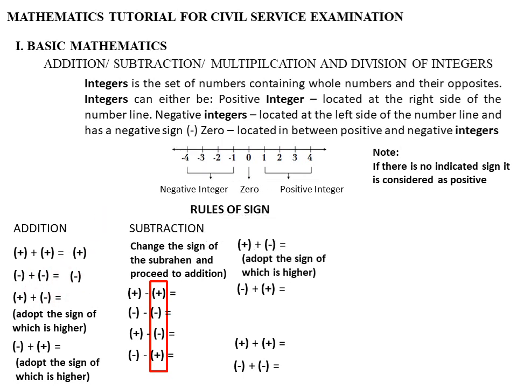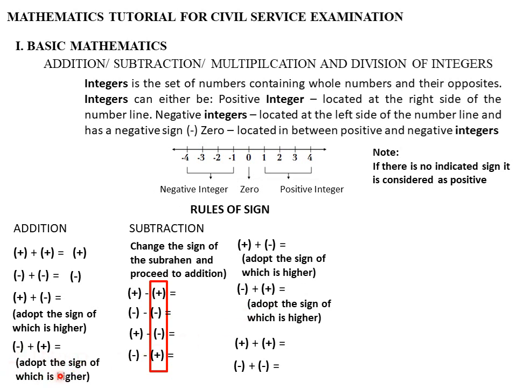Okay, so next, positive plus negative depends on the higher. You need to adopt the sign of whichever is higher, like this one, positive plus negative. Okay, negative plus positive is also the same.